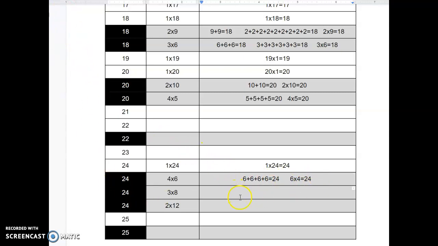Let's have a look at our next rectangle. That was 3 by 8. Think again about your rows and columns and write an equation. Is this one of the equations that you were thinking of? 8 plus 8 plus 8 is also equal to 24?